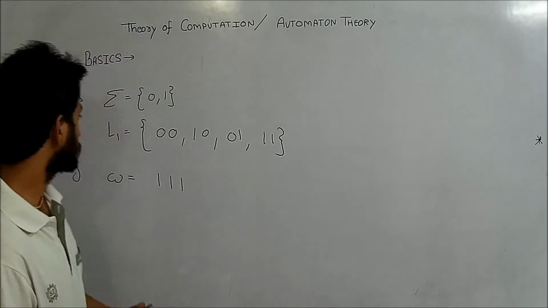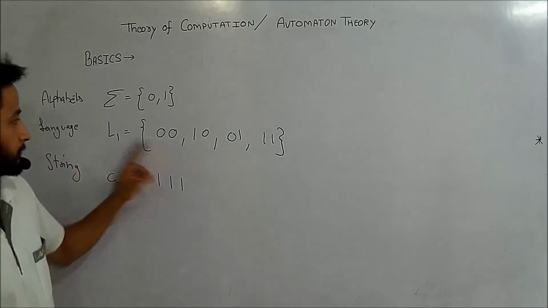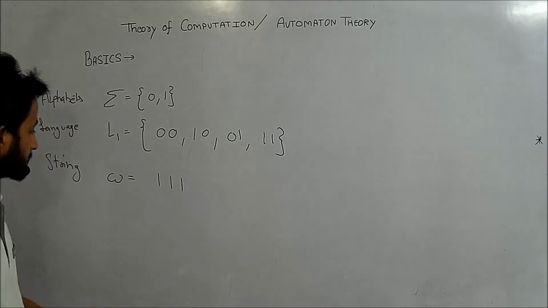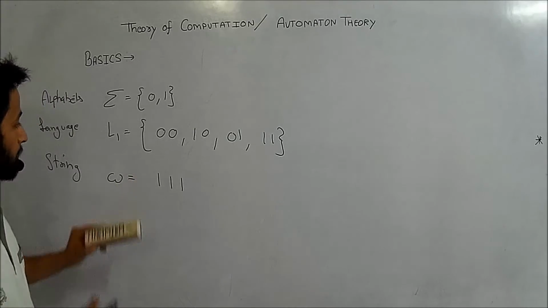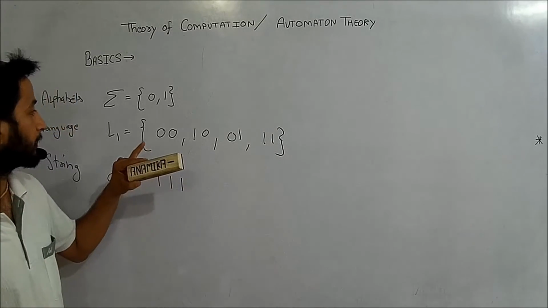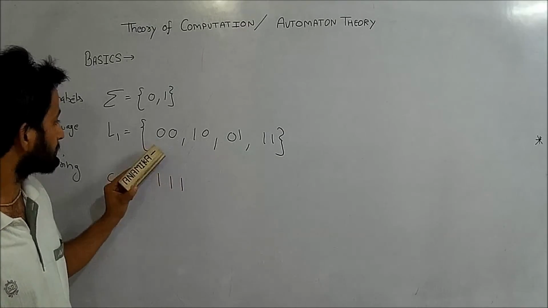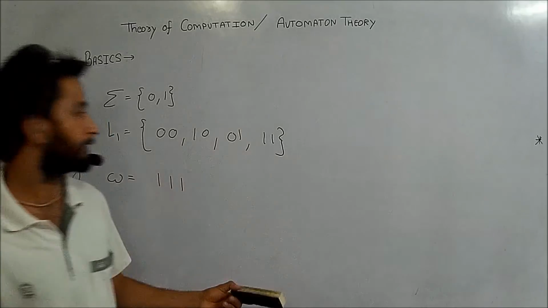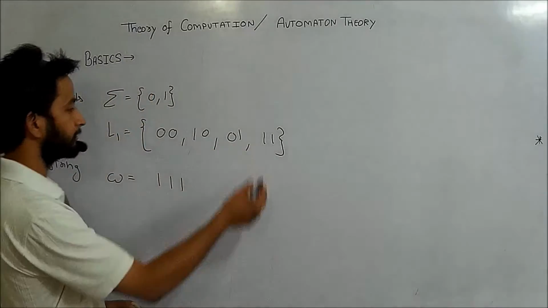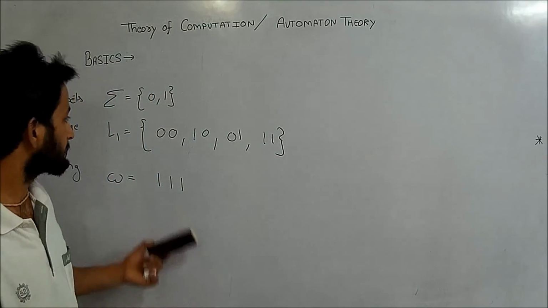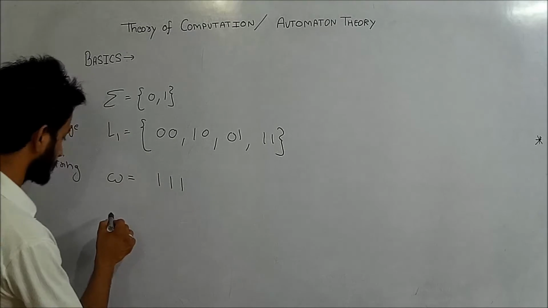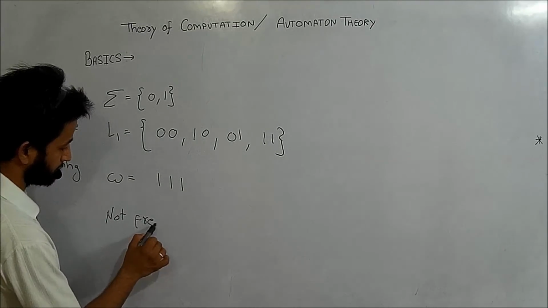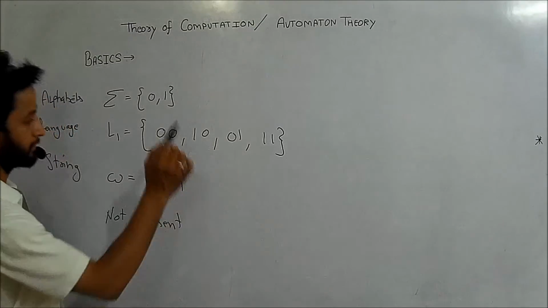So I will derive the language, then take the string 111 and check it one by one in a linear way, and finally I will say that the string is not present in the language.